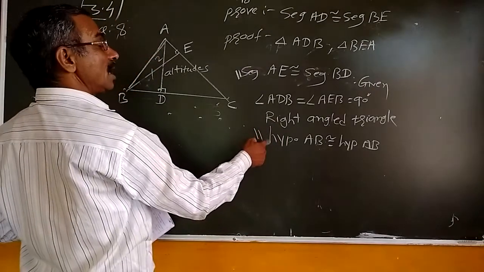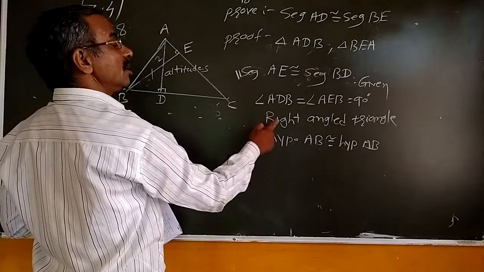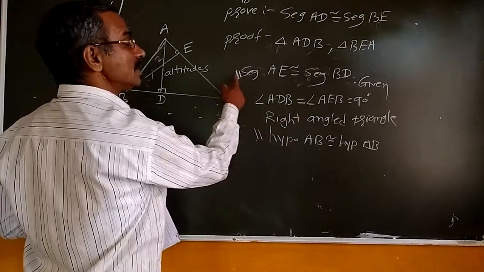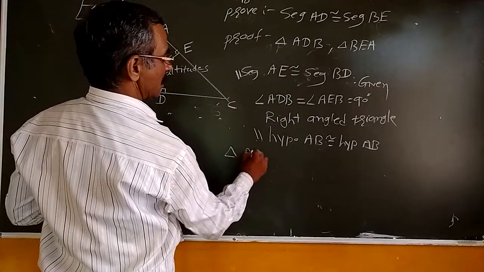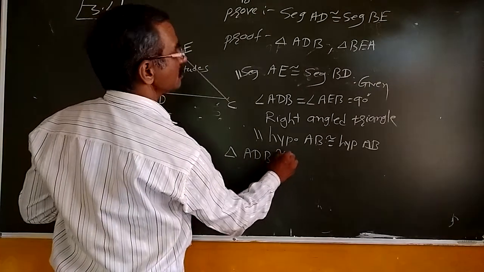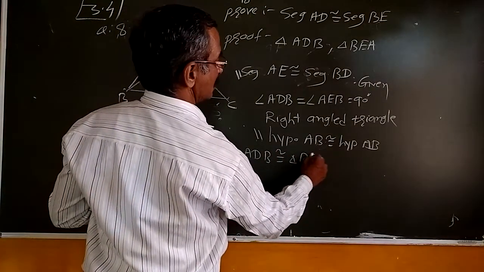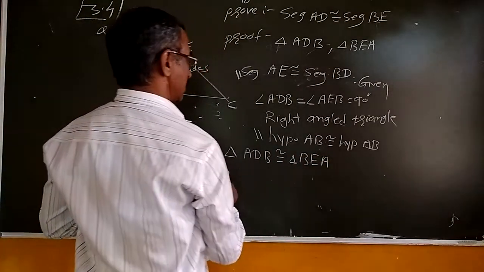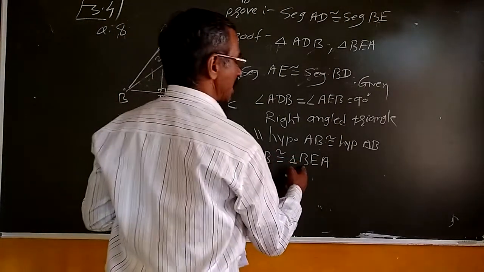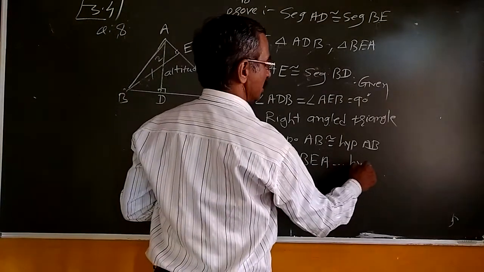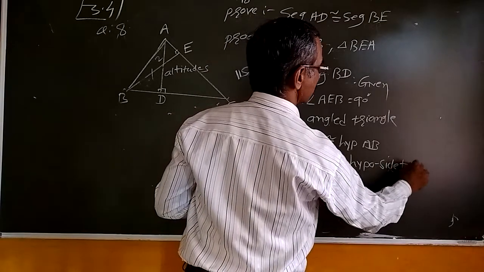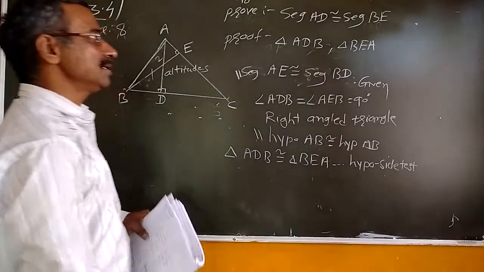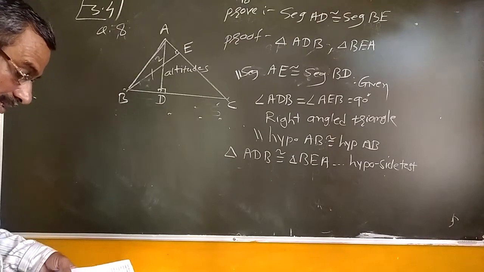If the hypotenuse and one side of right angle triangles are congruent, then the two right angle triangles are also congruent. Means triangle ADB is congruent with triangle BEA. What is the reason? The hypotenuse side test of right angle triangles.